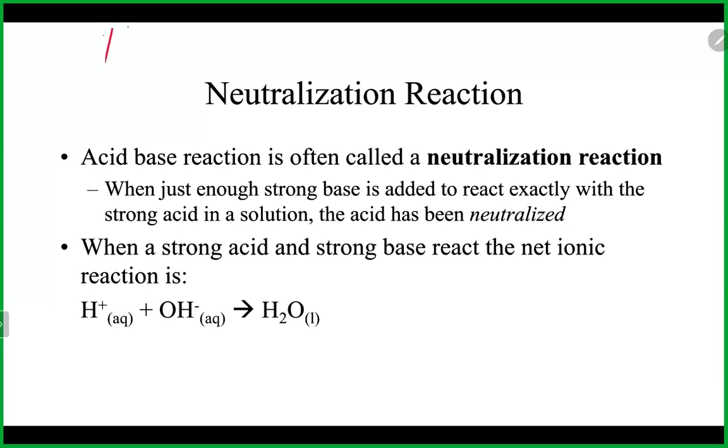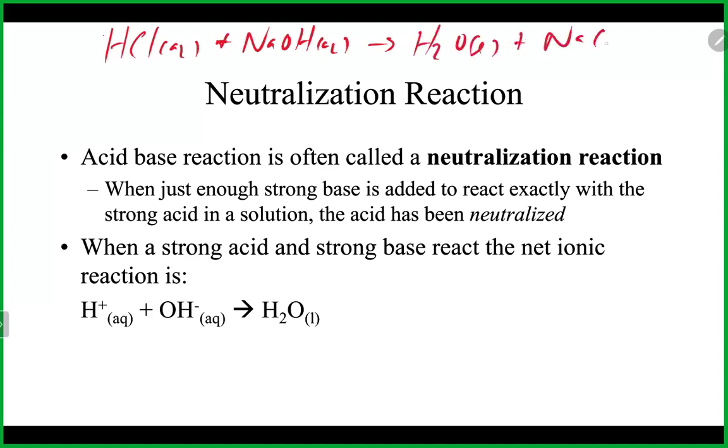So for example, if we took hydrochloric acid plus some sodium hydroxide, we will get a salt and water like we talked about when we talked about types of reactions. So we will get water formed here, and we will get NaCl, which is a salt. So again, we form water plus a salt in a reaction of an acid and a base.